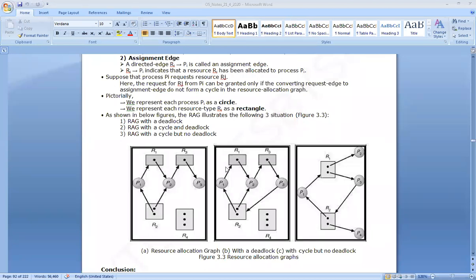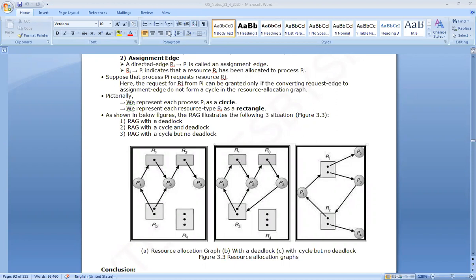One instance of resource R1 is there. So in this example, we have resource allocation graph A, resource allocation graph with a deadlock, that is diagram B, and resource allocation graph but no deadlock, that is called diagram C. Okay, three diagrams are there.